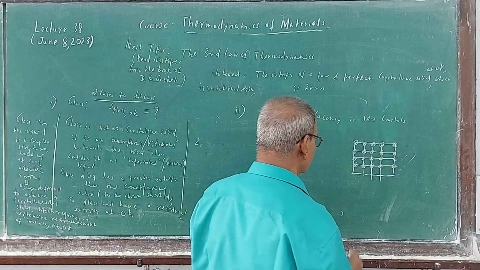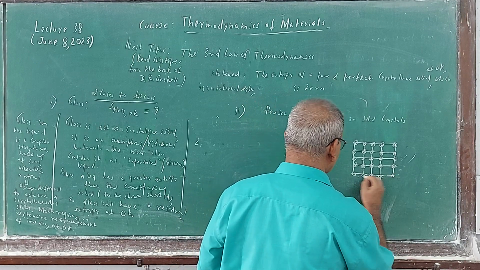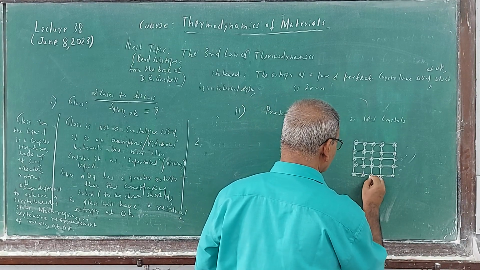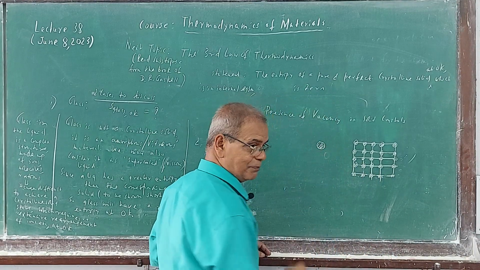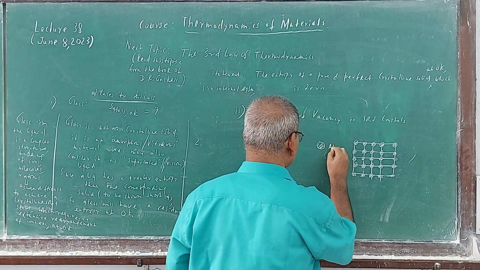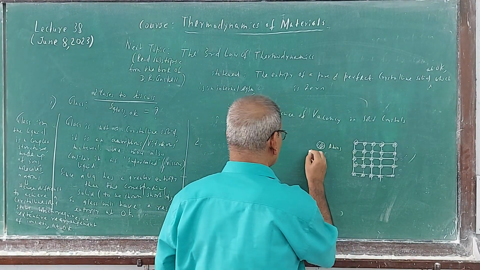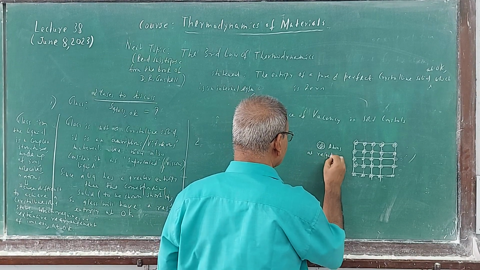So it is a metal solid, okay. Let me complete this. So these are our atoms at lattice positions. What is this right here? These are atoms occupying regular lattice positions.